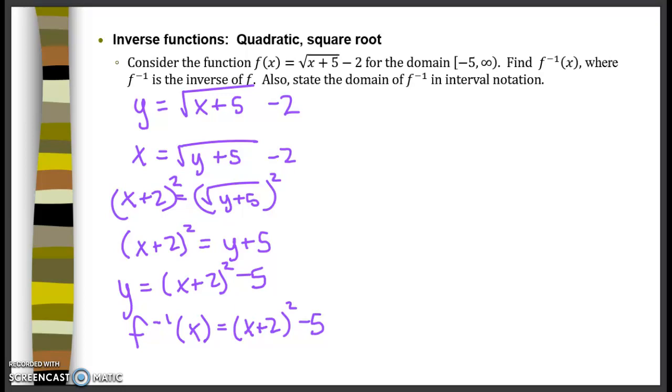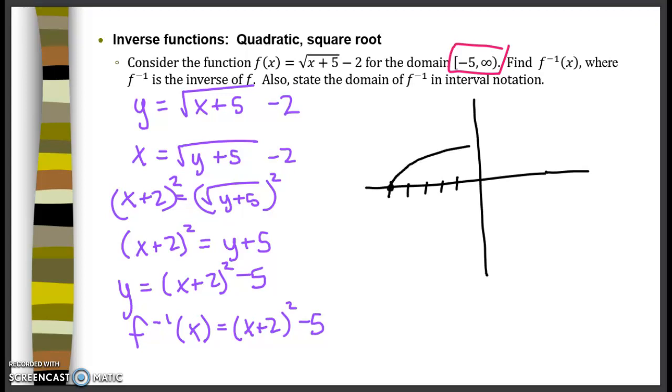So what is the domain of my original function? It is from -5 to infinity. So let's go ahead and graph that original function. It's a square root, and I start at -5 and I go on like this.